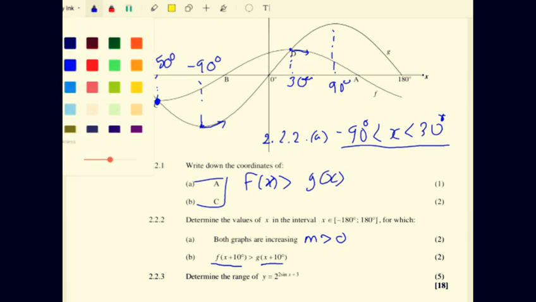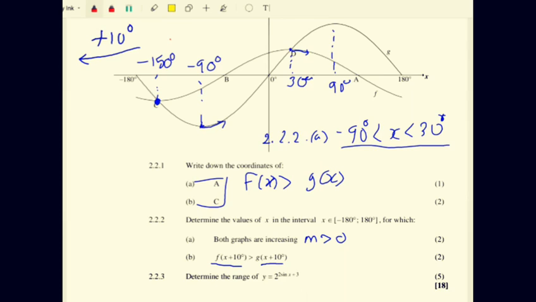I think we can. If we look at this, you can see that from the point C onwards, the graph of f goes up and the graph of g goes down. So from point C, the graph of f is greater than the graph of g, right up until we reach point D, where the graph of g now begins to go higher than the graph of f. Remember, when we want to see which function is greater than the other, we're looking at when the y values of that function are greater than the y values of the other.